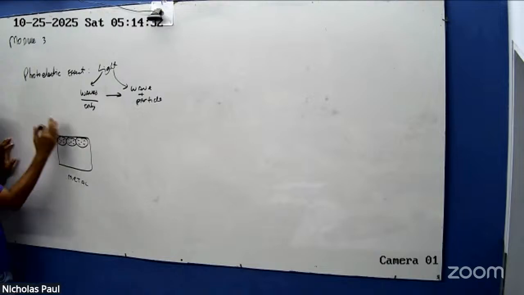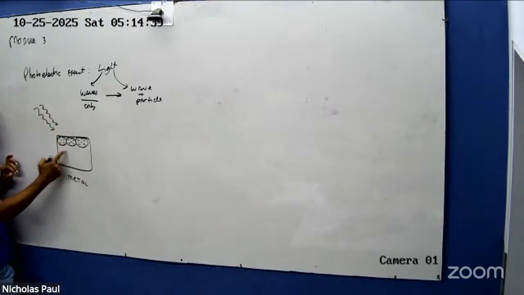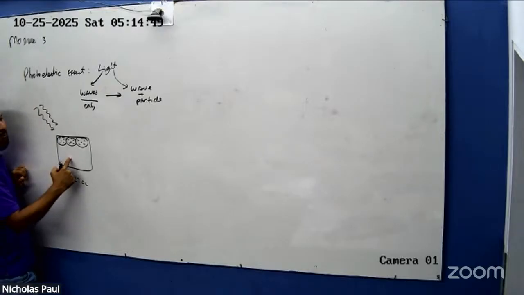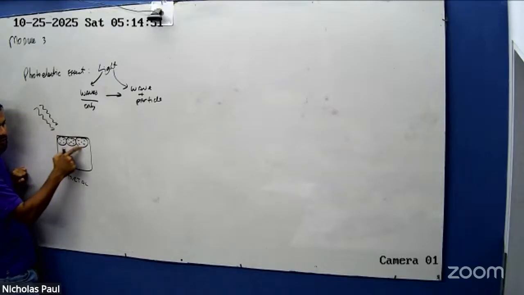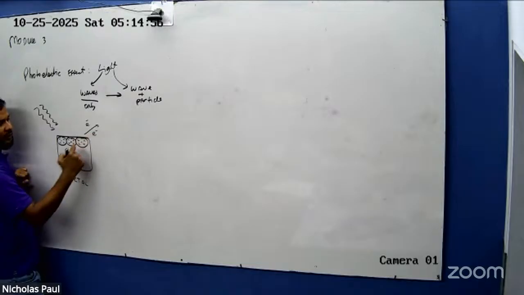The experiment was I had metal, and then I took radiation and allowed the radiation to hit the metal. When the radiation hit the metal, provided the radiation had specific conditions, the electrons left the metal.